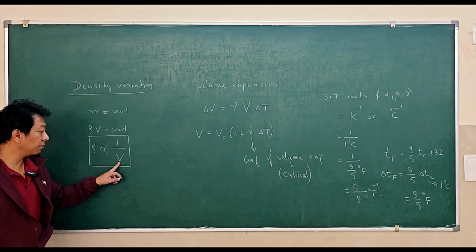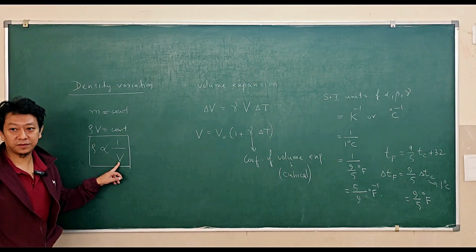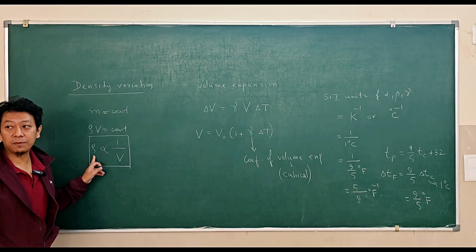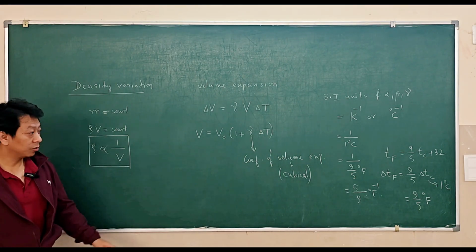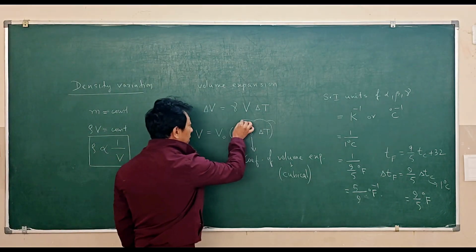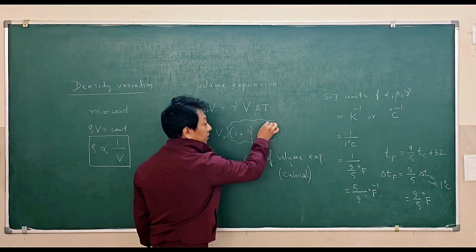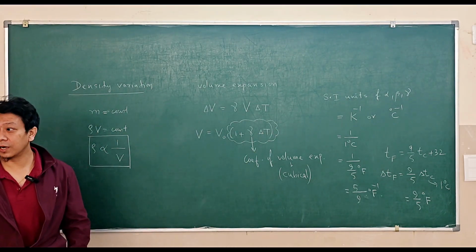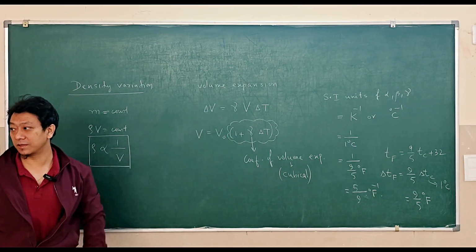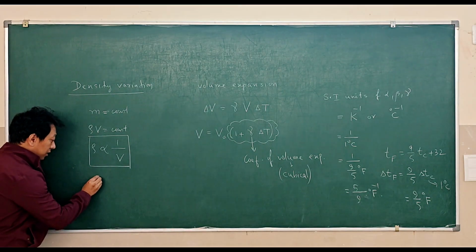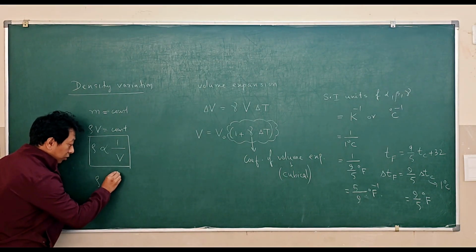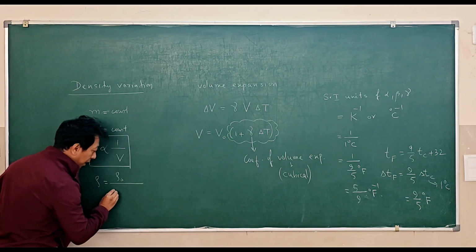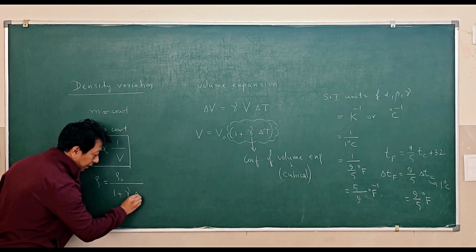That means if volume increases 2 times, density will become half times. So if volume increases this many times, density will become 1 by that many times. That means density will be equal to original density divided by 1 plus gamma delta T.